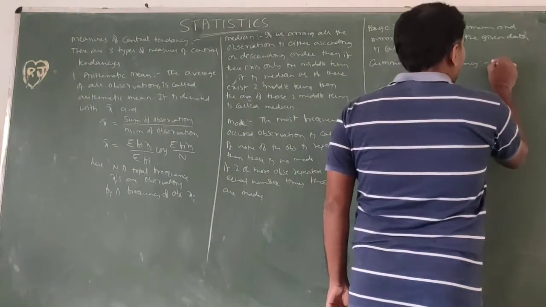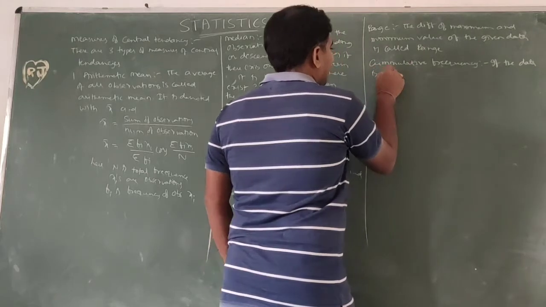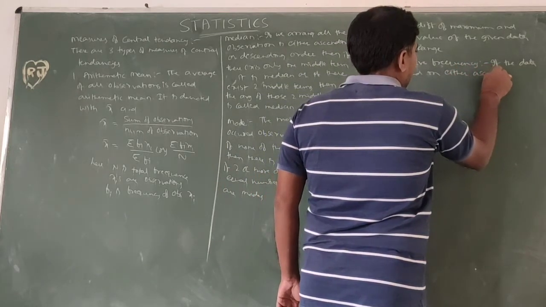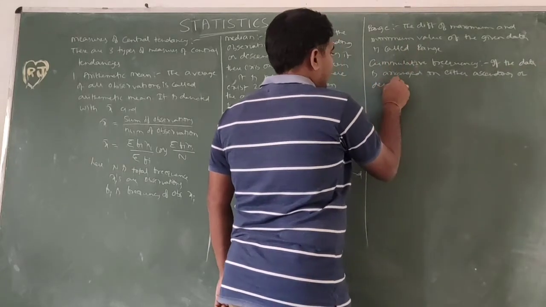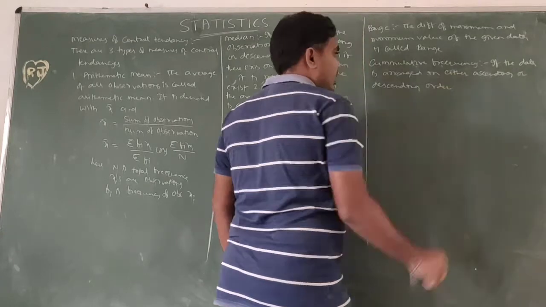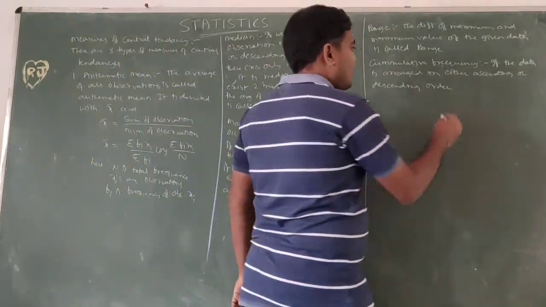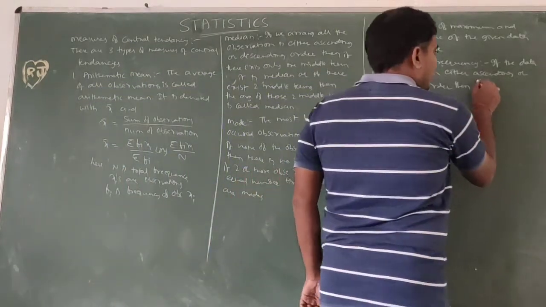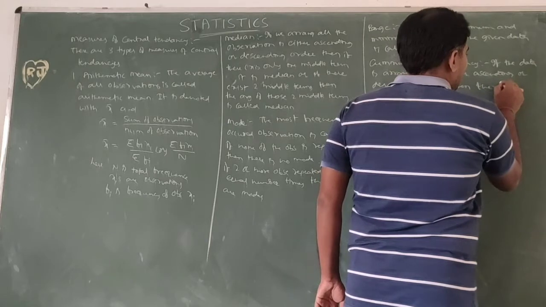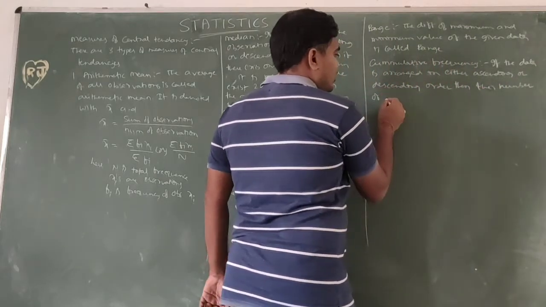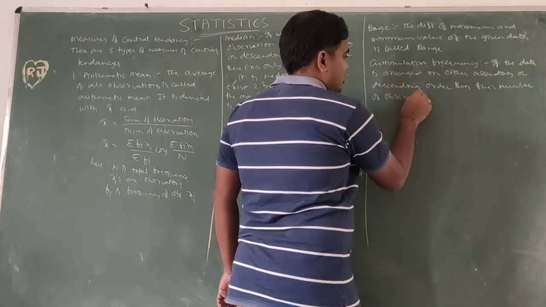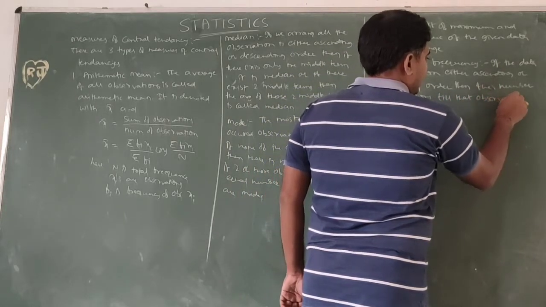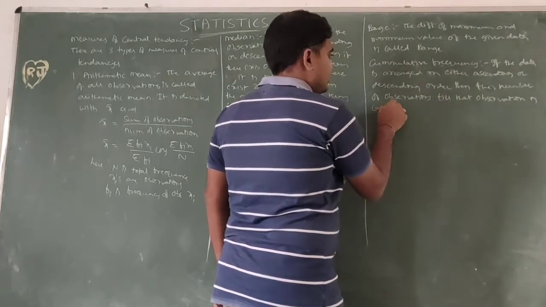So if the data is arranged in either ascending or descending order, then the number of observations till that observation is called cumulative frequency.